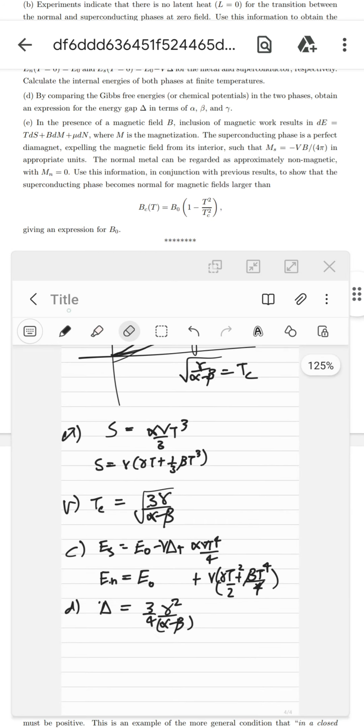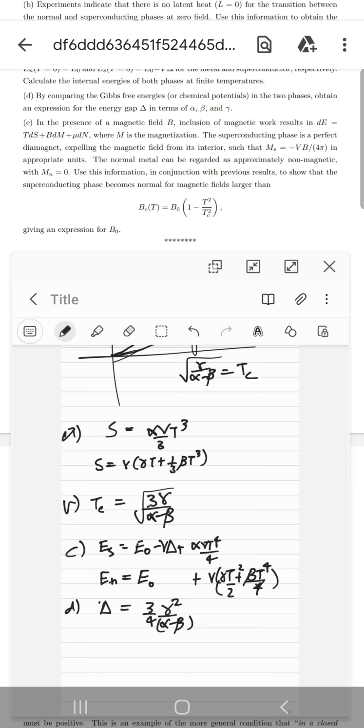Alright, D is done. E: in the presence of magnetic field B, inclusion of magnetic work results in dE equal to blah blah blah, where M is magnetization. The superconducting phase is a perfect diamagnet. Okay, so why is there a mu n? Okay, whatever. Expelling the magnetic field from its interior such that Ms is equal to minus VB upon 4 pi in the diamagnet.